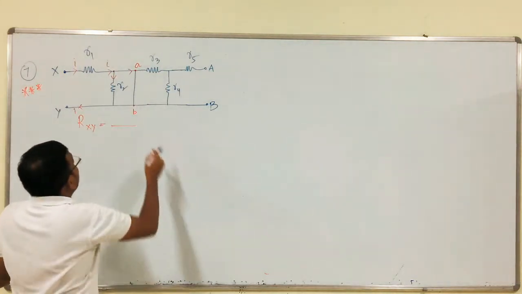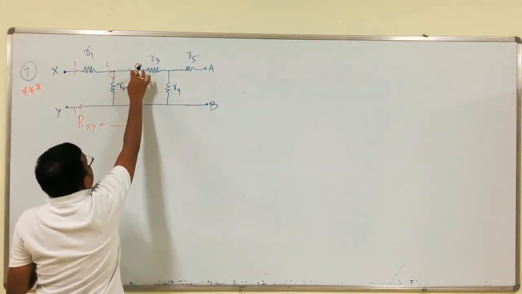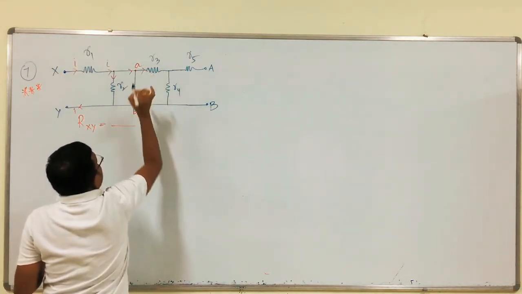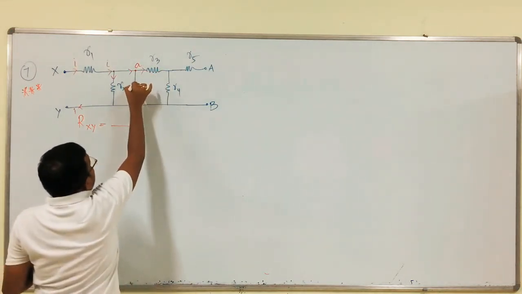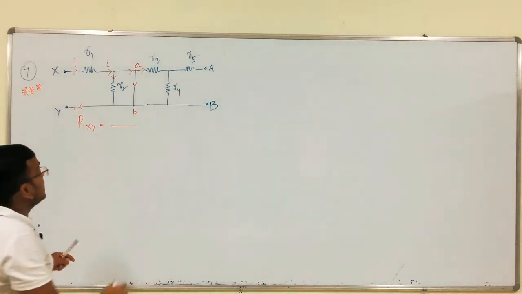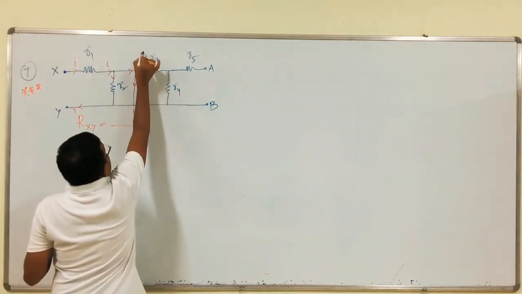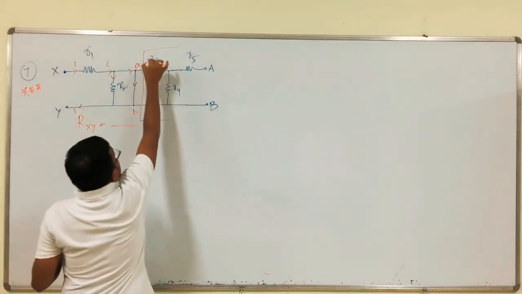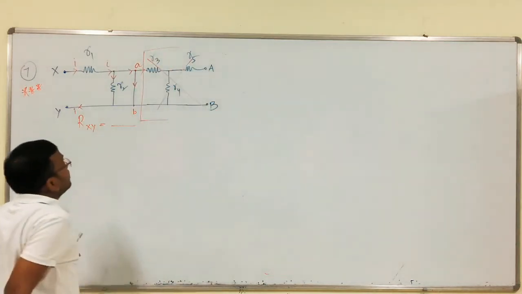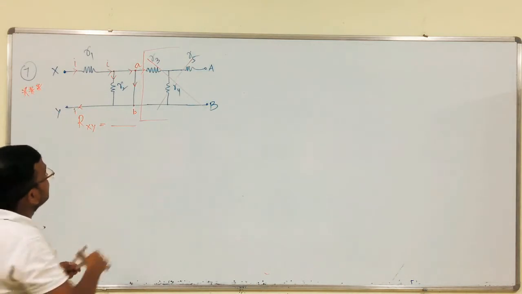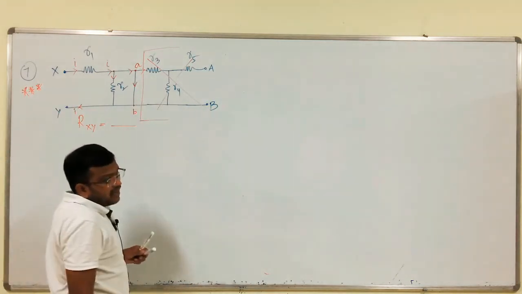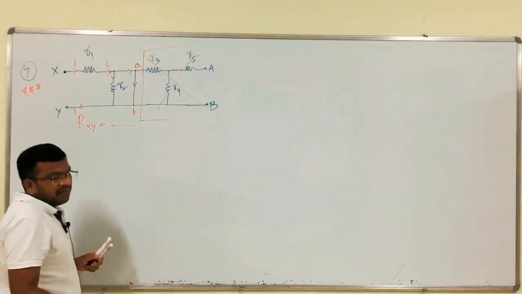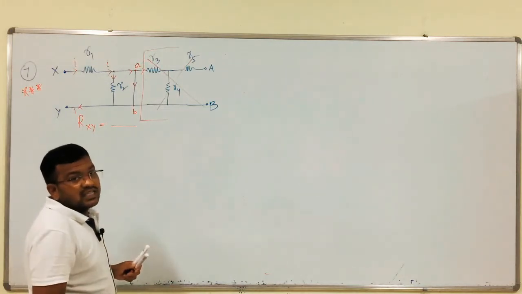Then tell me, after reaching this point, can the current be split or not? Obviously, after this point there is no current through this path. Why is there no current through this other side of the network? Because current always prefers a low resistive path.